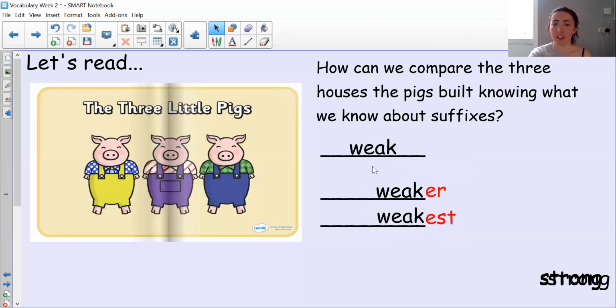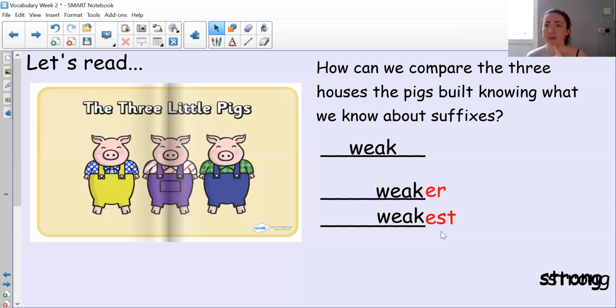So let's read those words. We've got weak, weaker, and weakest. Right, okay, so if we're thinking about those three adjectives, comparing the houses, which house do you think is weak, but not weaker and not the weakest?